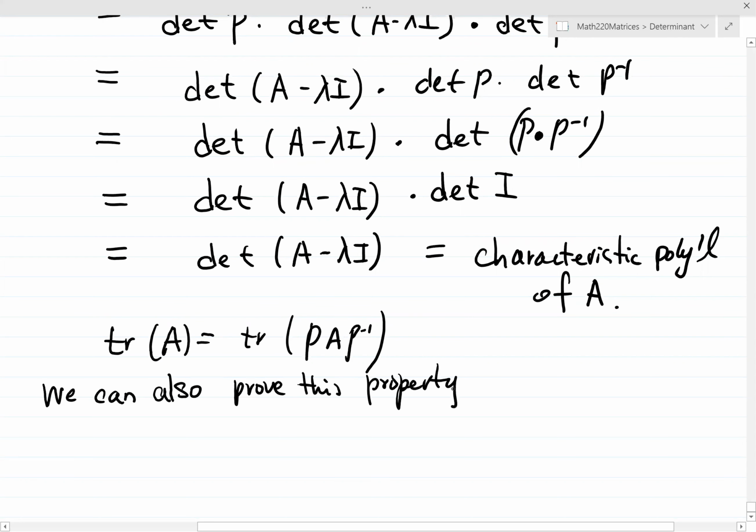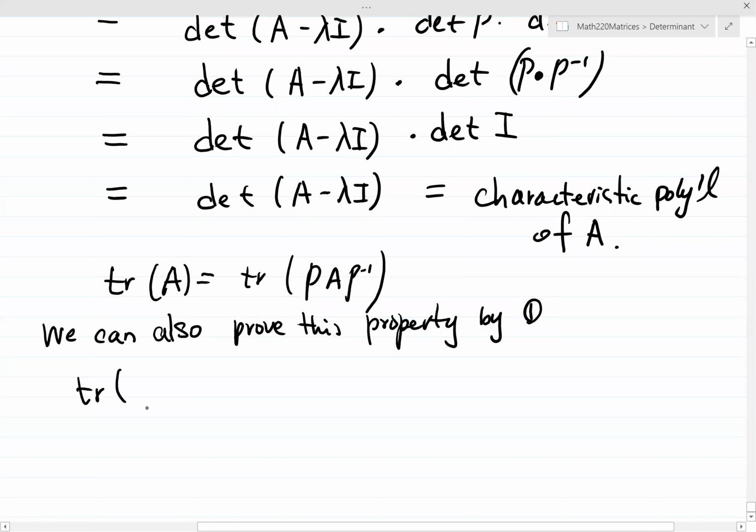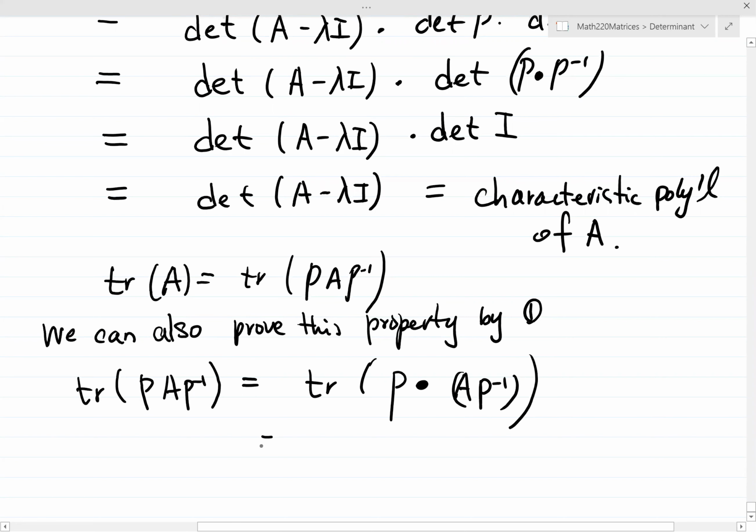For instance, the trace of P A P inverse, you write it as the trace of the matrix P times A P inverse, and then switch: this is the trace of A P inverse times P. Use property 1.